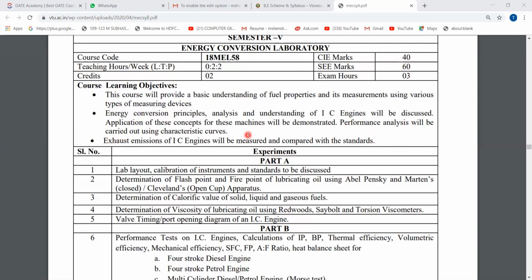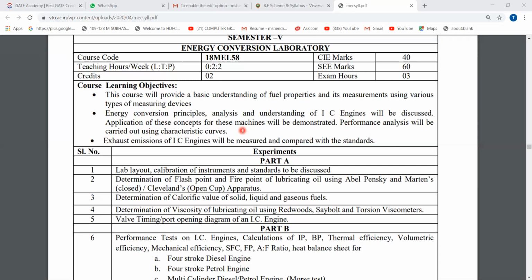For each and every machine, we are going to conduct the performance test and calculate the performance parameters of IC engines like the indicated power IP, the brake power BP, the frictional power FP, mechanical efficiency, thermal efficiency, that is brake thermal efficiency and indicated thermal efficiency. So these are some performance parameters of the IC engines.